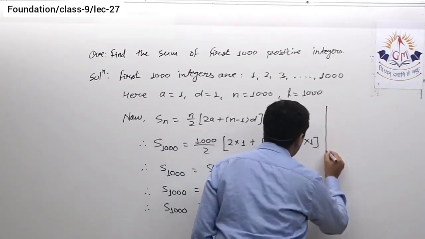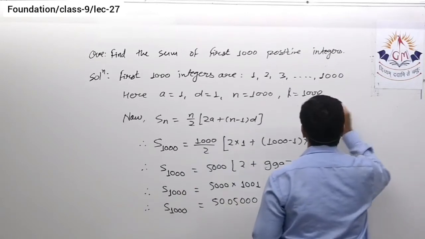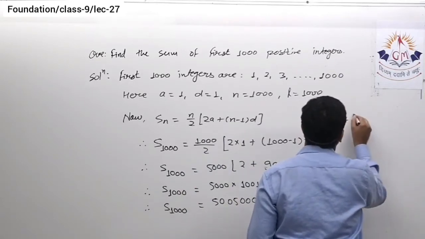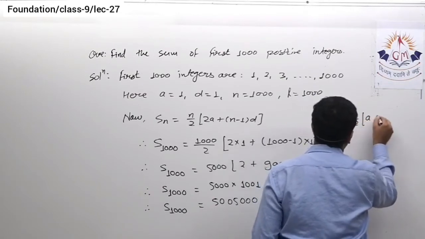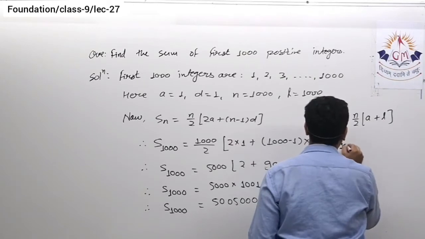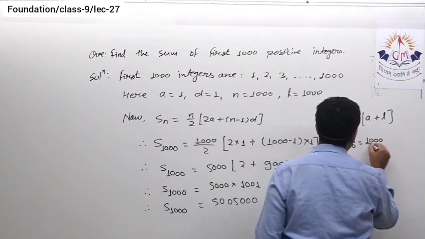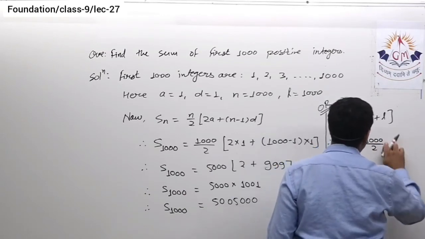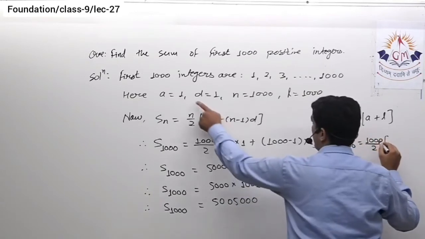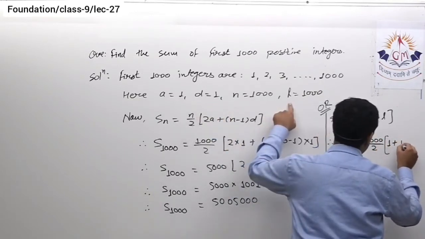Now let us see the same solution with the help of another method. Sn is equal to n by 2 into a plus l. So S1000 is equal to 1000 by 2 into a plus l, that is a is 1 plus l is 1000.